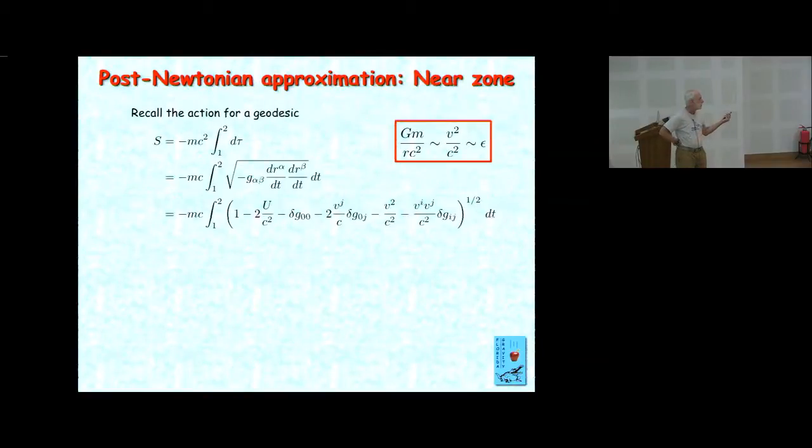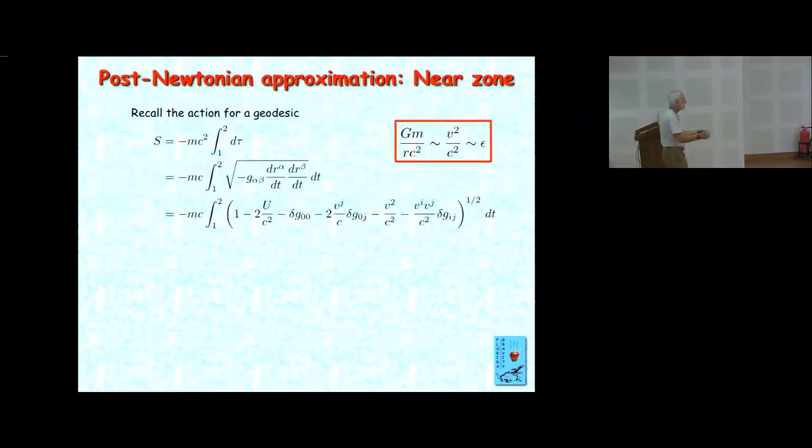For the Minkowski metric, what's Gij? Delta ij, a Kronecker delta. So the first term, the leading term in Gij just gives v squared over c squared. Okay, but then there'll be a correction term to that that'll contract with Vi, Vj.